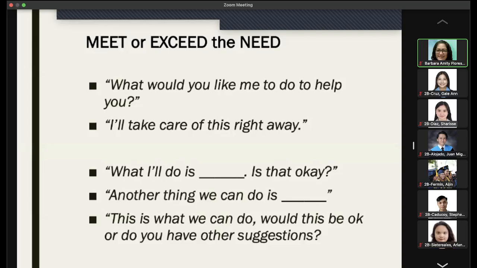Is that okay for you? Or you may say, another thing we can do is this. Or this is what we can do. Would this be okay? Or do you have any other suggestions? So you're trying to solve the issue. You're trying to take care of what took place, of the concerns.